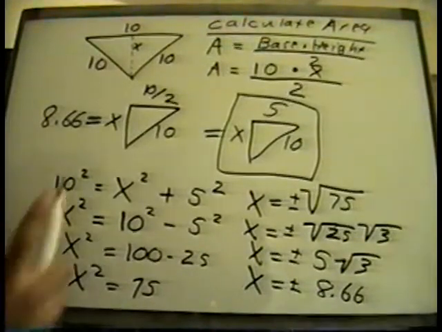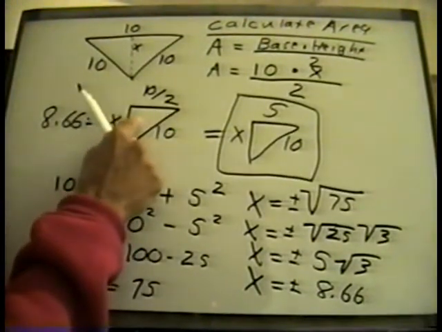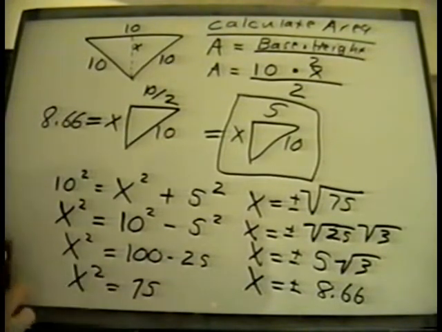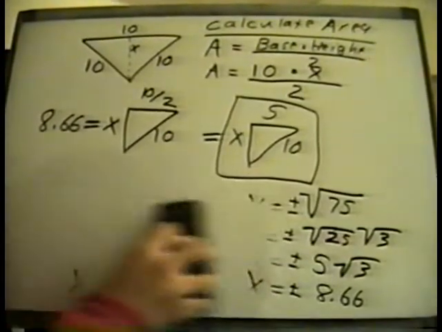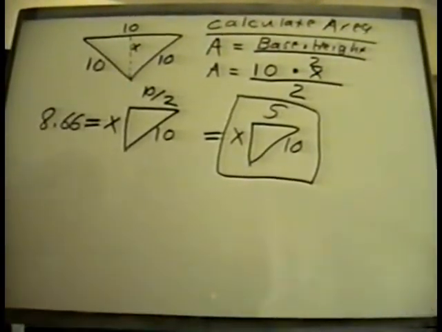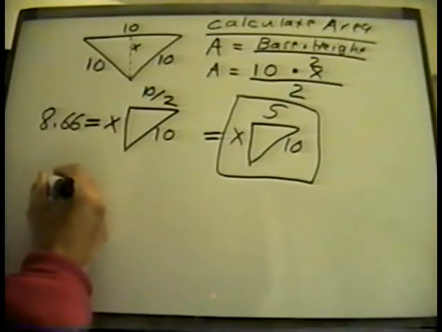Now that we found this, we can find the area for either one of the right triangles from it or the entire equilateral triangle.